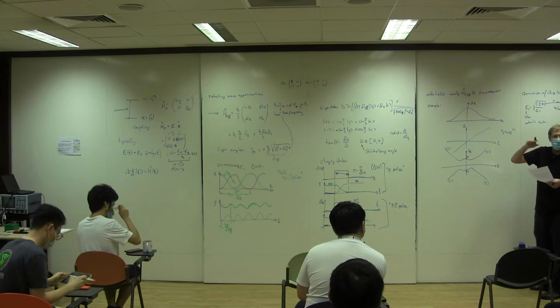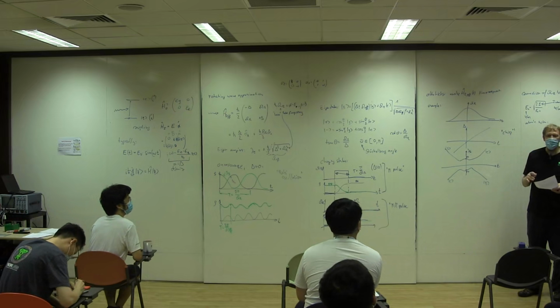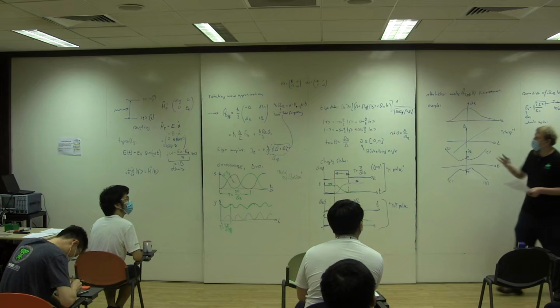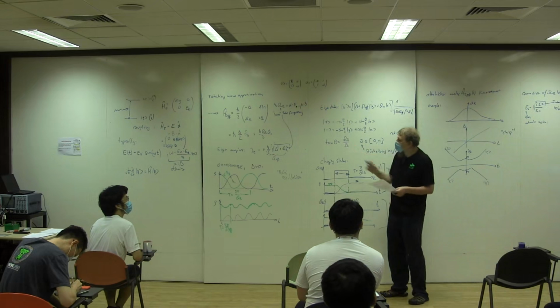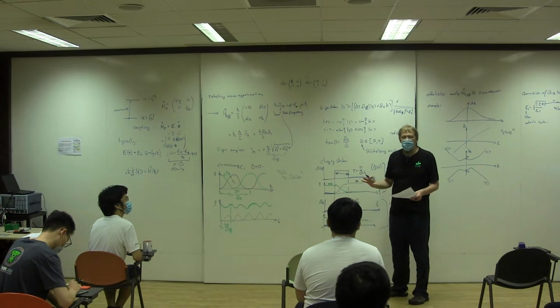Okay, so if you have a coupling from the excited state to ground state in an electromagnetic field, all we deal with here is a field that's not quantized. So this whole mechanism, you don't need to quantize the field.